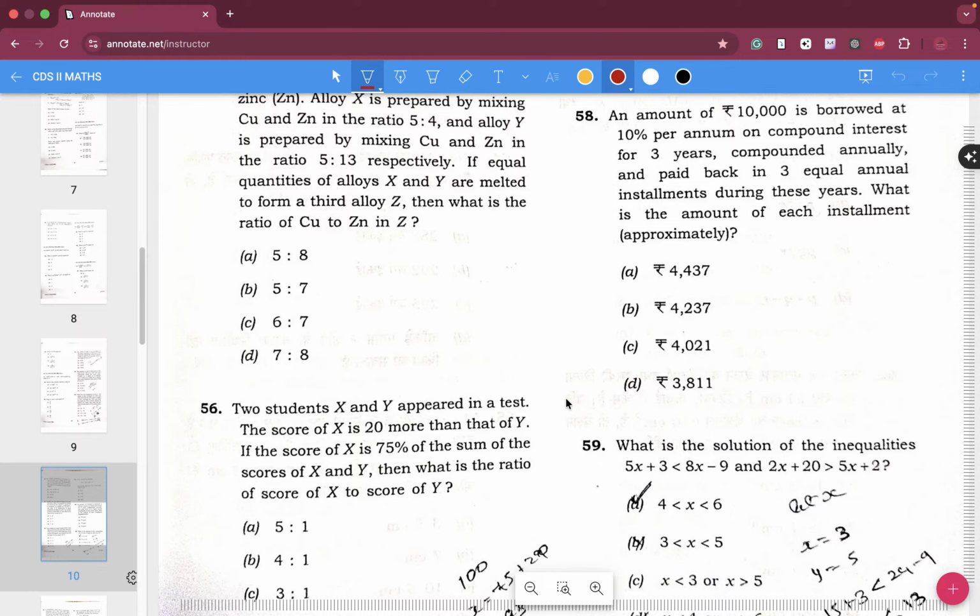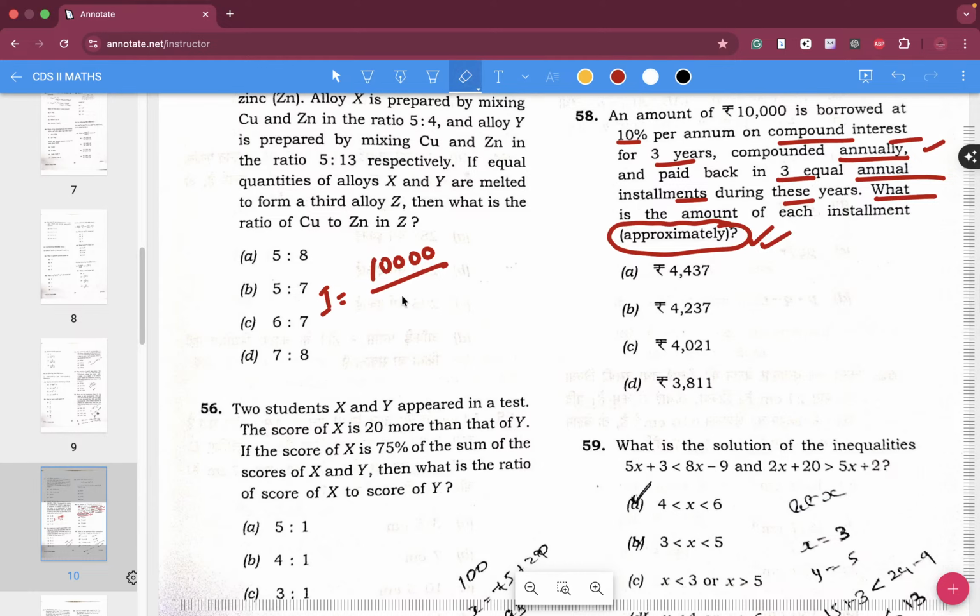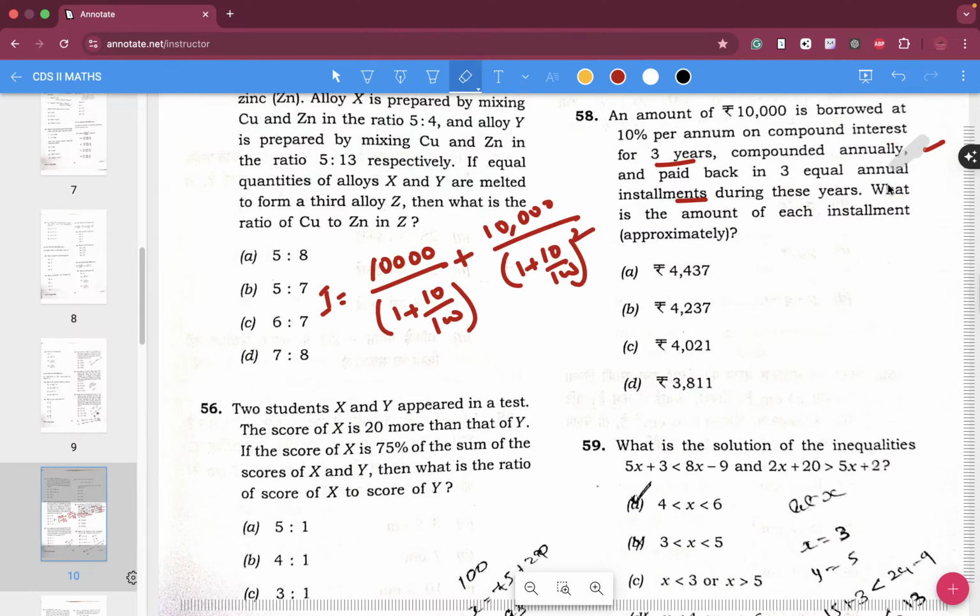So how do you find out the installment over here? Each installment is given as the principal amount, which is 10,000 divided by 1.1. How exactly this 1.1 came is 1 plus 10 by 100. Plus 10,000 divided by 1 plus 10 by 100 square. There are 3 equal installments, so you will have to do it 3 times.